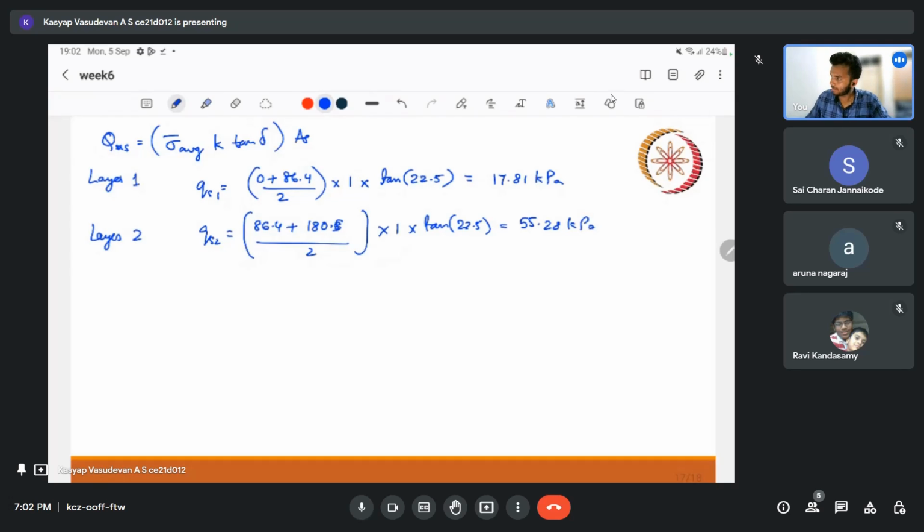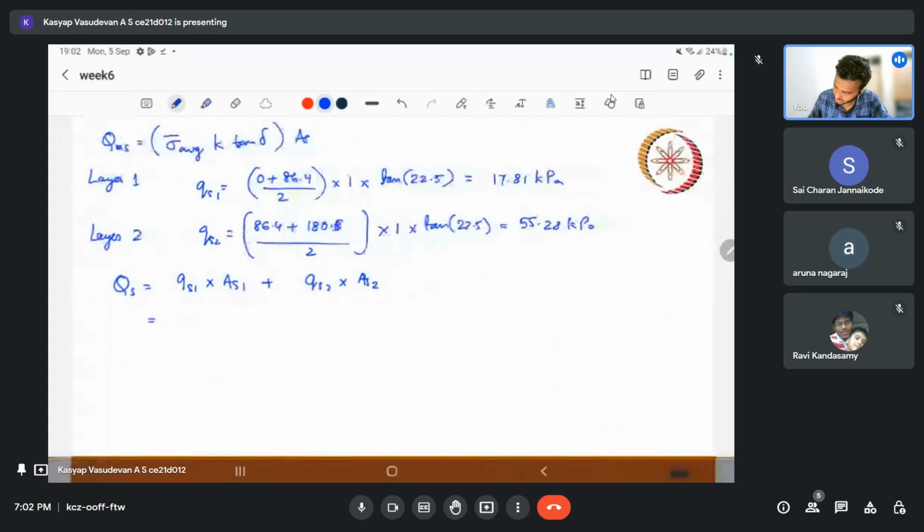So I can write QS as QS1 into AS1 plus QS2 into AS2, right? The first layer and the second layer. First layer is 17.81 into AS1. AS1 is nothing but the perimeter into length, right?